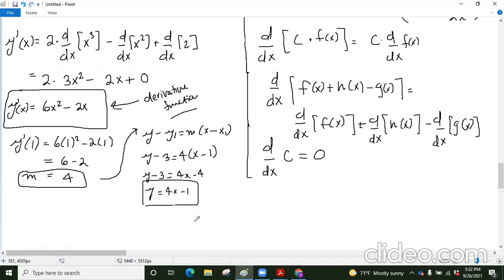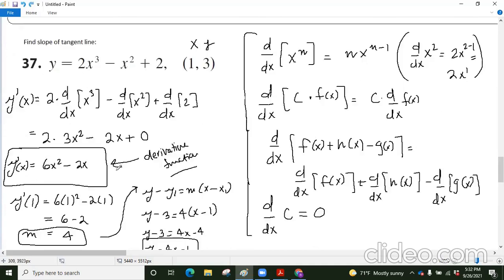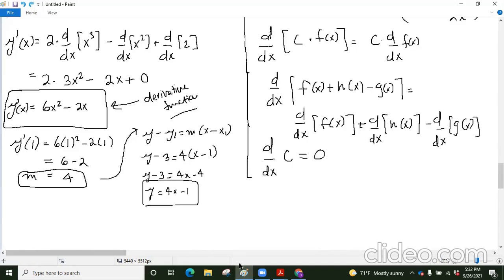That's the equation of the tangent line. This is the equation. This is the slope. This is the derivative function. And this is us plugging an x value into the derivative function to get the slope of the tangent line at a particular point. And that is that.